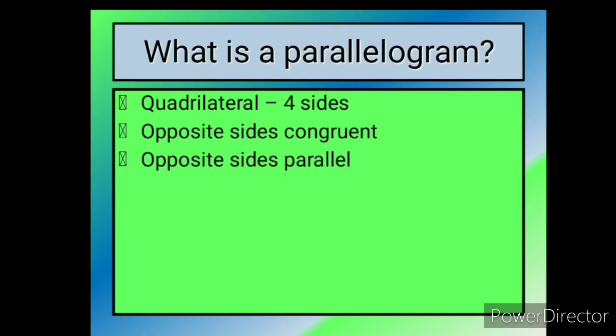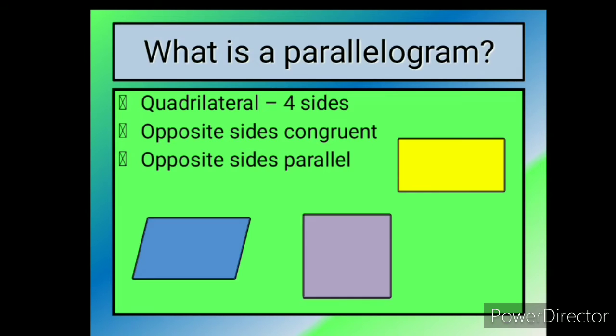A quadrilateral having opposite sides equal and parallel is called a parallelogram. Look at this quadrilateral. All three are parallelograms.